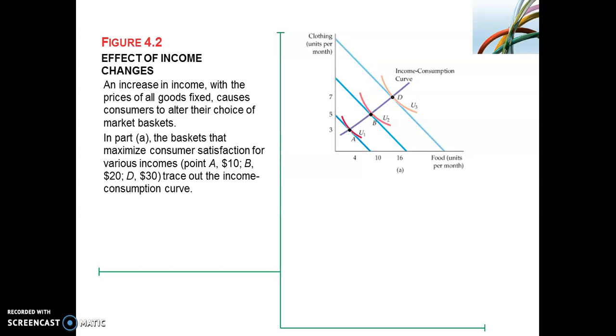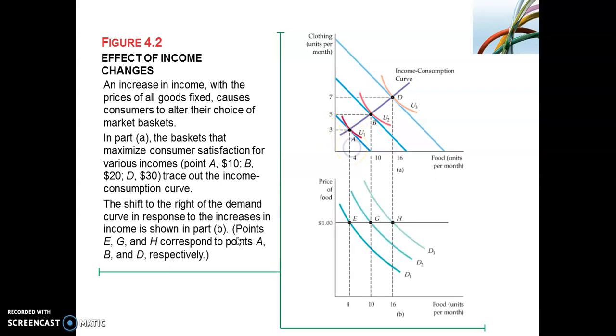And we saw that 4 units of food and 3 units of clothing were purchased at that point. Now, in figure B, you will see that point E matches point A. So with income at $10, and the price of food at $1, the quantity demanded was 4 units of food. Now, D1 is the demand curve for the fixed income of $10 as price is varied.